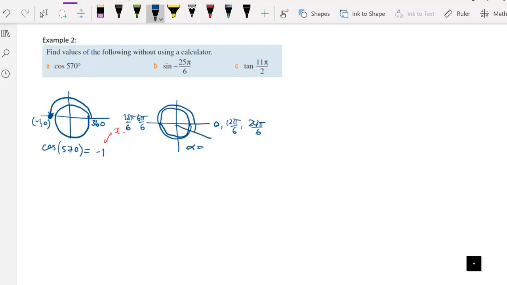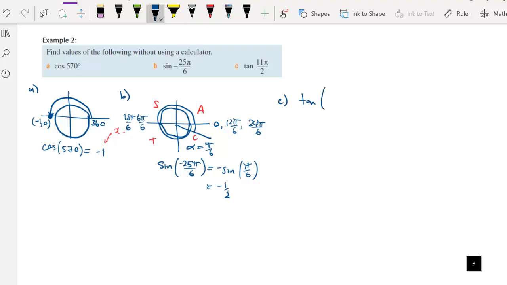So we've got an acute angle of pi on 6. And we're in CAST. We're in the C quadrant. So that means that sine will be negative there. So we can say sine negative 25 pi on 6 is the same as negative sine pi on 6. If I just go back up to my table, I know that sine pi on 6 or sine 30 is 1/2.